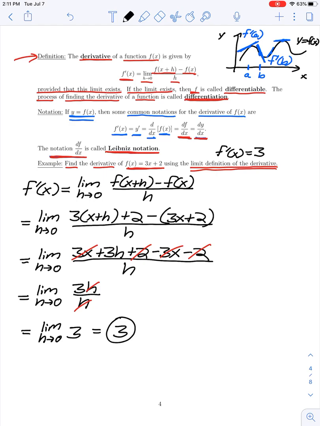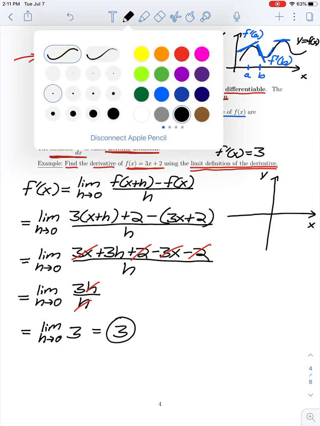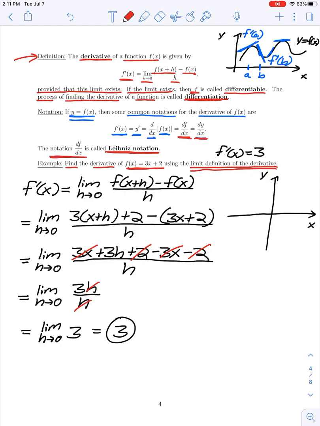Now this makes sense from an intuitive definition if we think about the graph of this function. So our function, f of x, was 3x plus 2, which is a linear function. Now the graph of that linear function would be a line whose slope is positive 3 and whose y-intercept is 2.